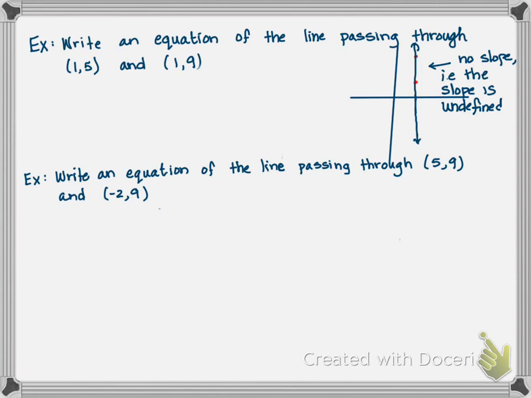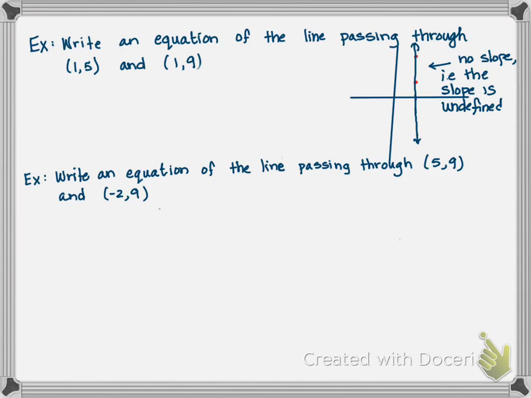So this one has no slope, which is kind of a pain as far as writing the equation because we can't use y equals mx plus b if we don't have an m, right? However, it turns out that the fact that we know that every single point on this graph has an x value of 1 is enough to write the equation.